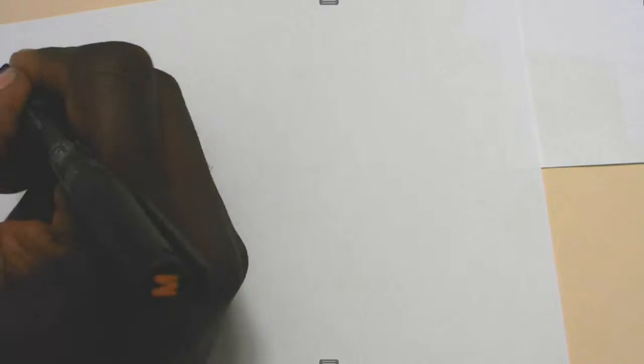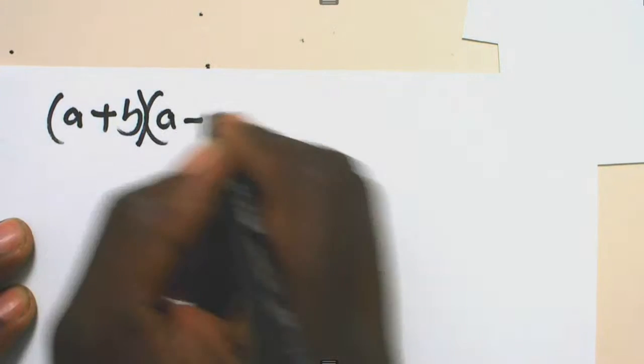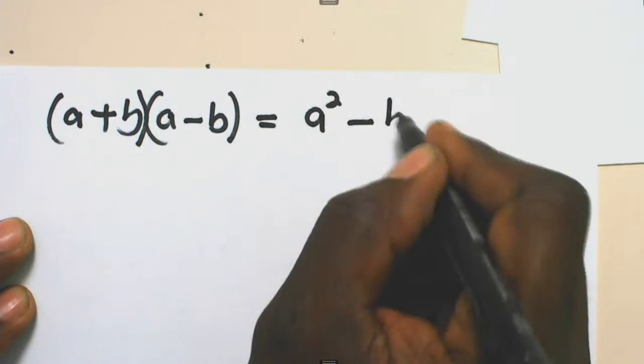Now we're switching to the second one again. The second one is to factorize difference of 2 squares. Before you go to that, I want to explain certain things again. Remember, in difference of 2 squares, where we have A into A plus B into A minus B, this is going to give us A squared minus B squared.